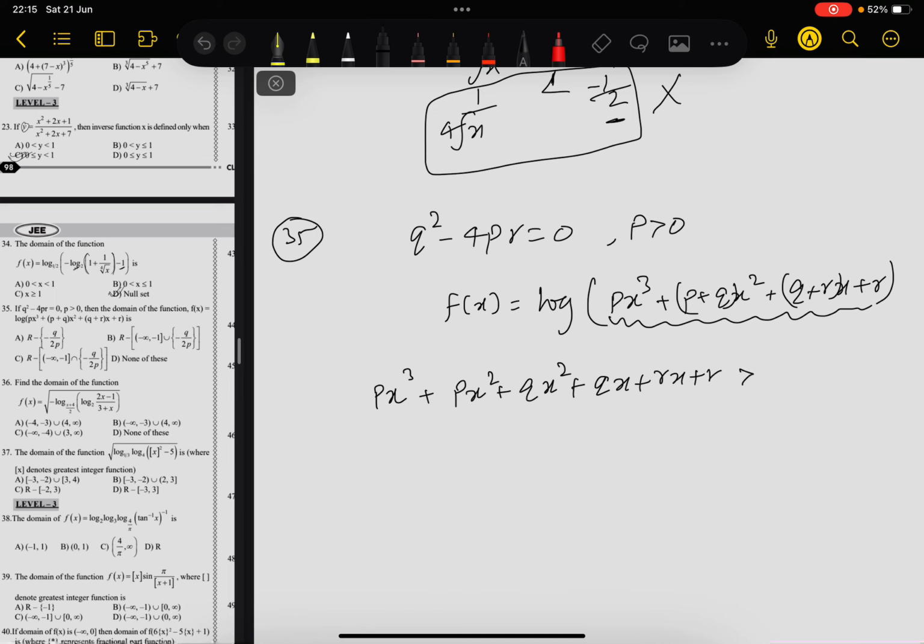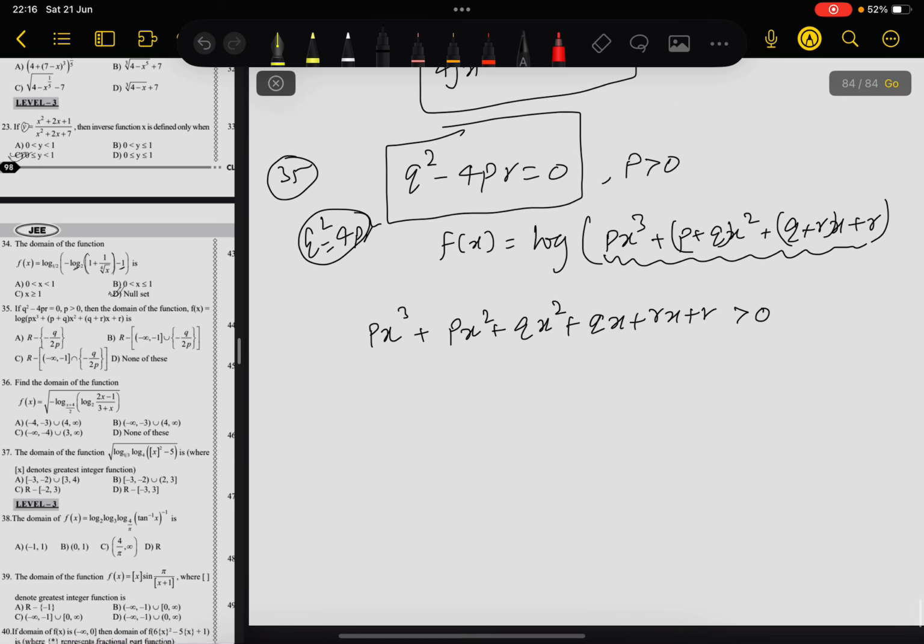This should be greater than 0, right? So can we use any type of expression where we can utilize this q square minus 4pr, or q square equals 4pr? Okay, let's see what we can do.